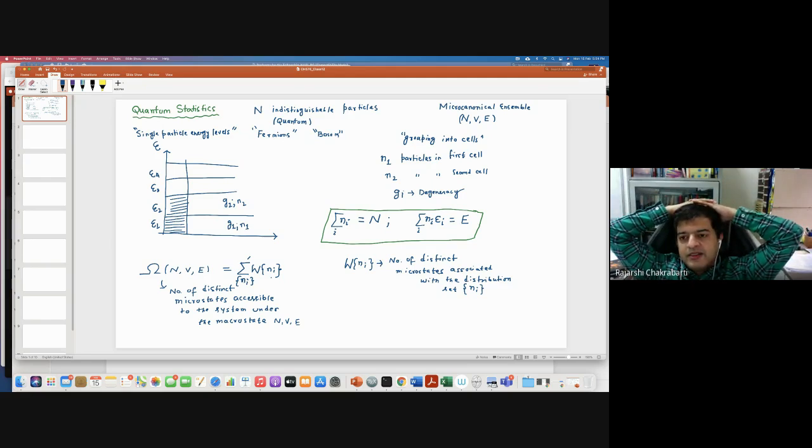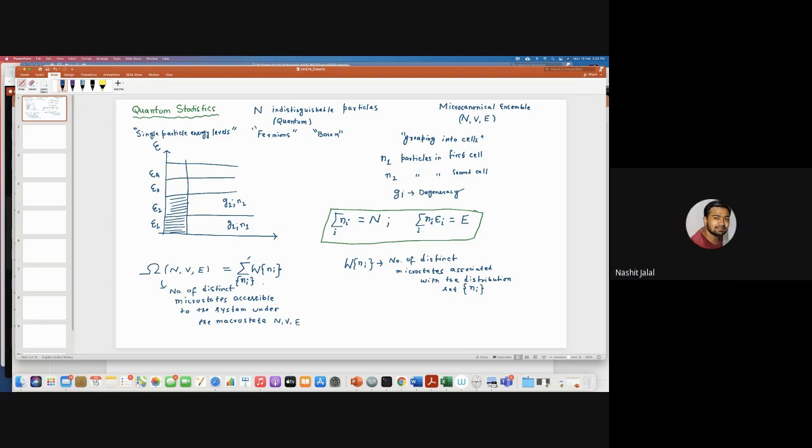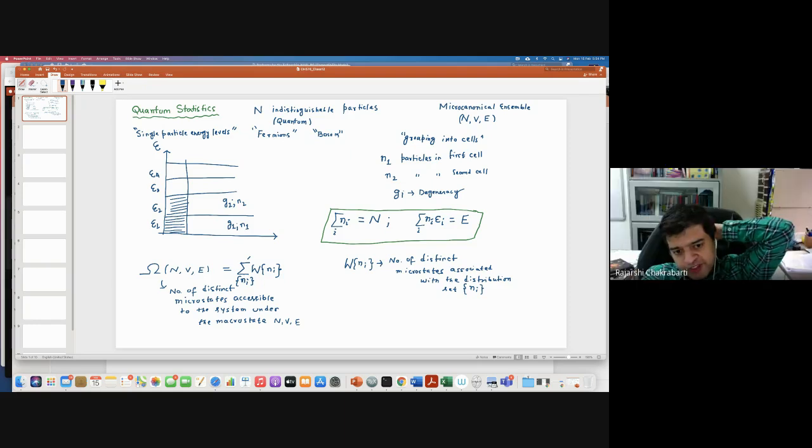Is this clear? I should sum it over all possible arrangements of Ni's. Please get it clear. This is very, very important. And when I put the sum, I put a prime here.